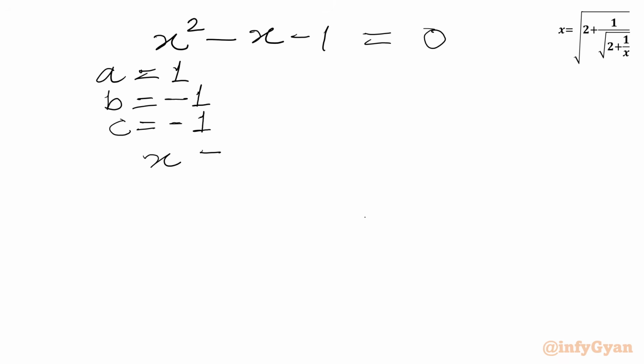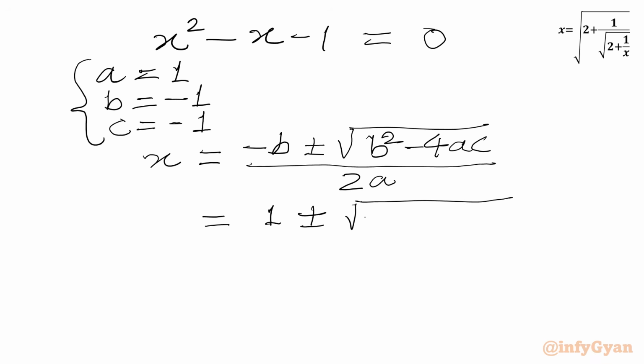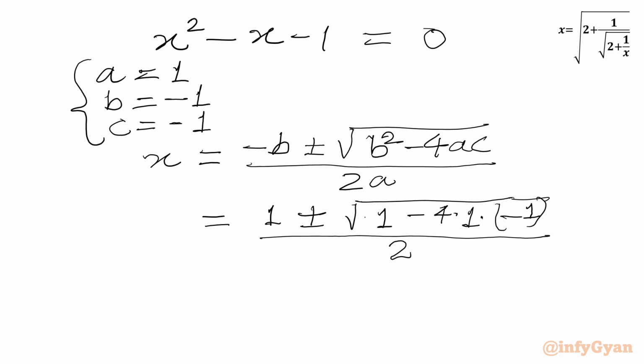We will write here quadratic formula x equal to minus b plus minus square root of b square minus 4ac over 2 times a. Let's apply all the values over here. We will get minus of minus 1 plus minus square root of minus 1 square minus 4 times 1 times minus 1, and in denominator 2 times 1 is 2.